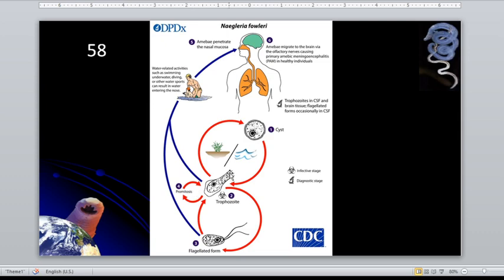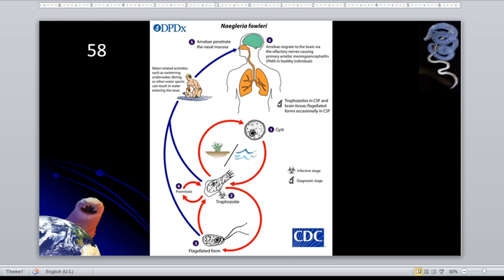So we continue. The Naegleria fowleri, as you can see here, is found in fresh water, in soil, in thermal discharges of power plants, geothermal wells, and poorly chlorinated recreational water, as well as in tap water.